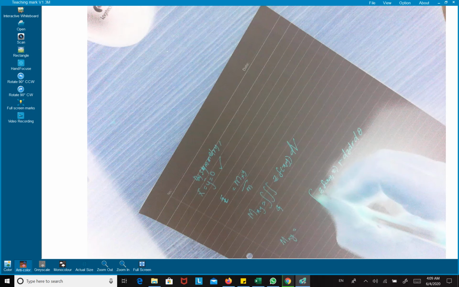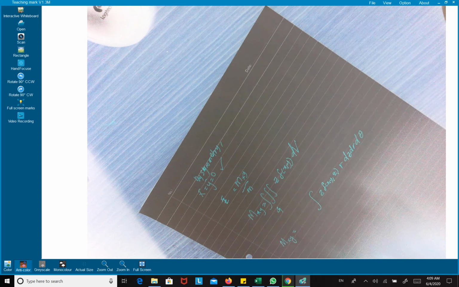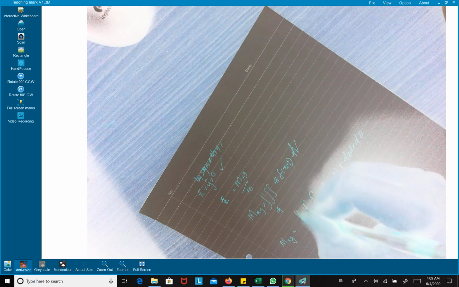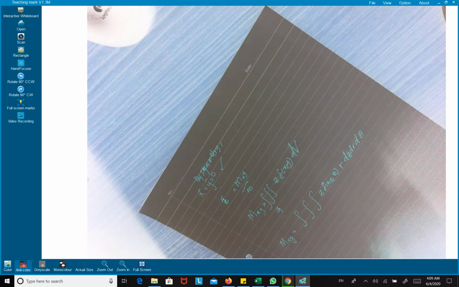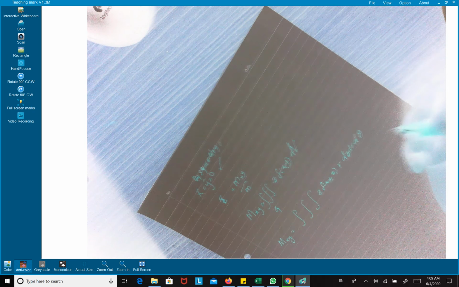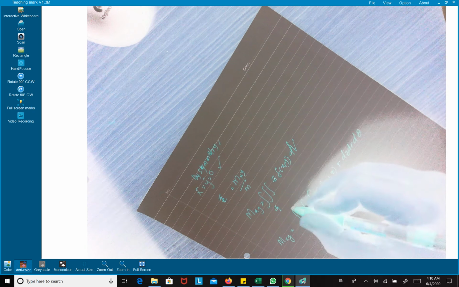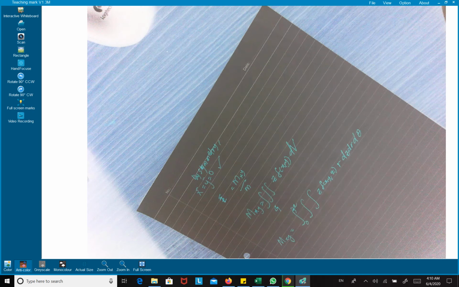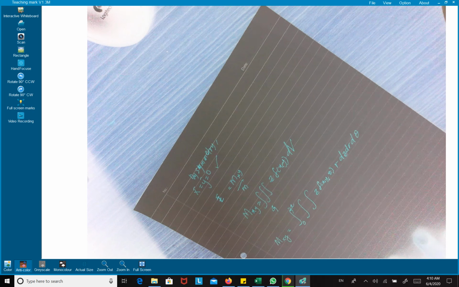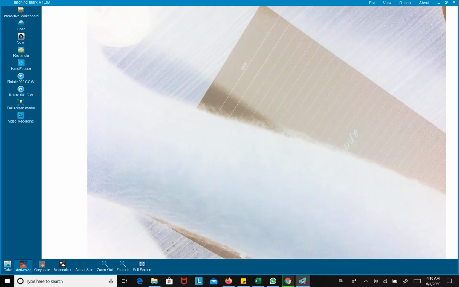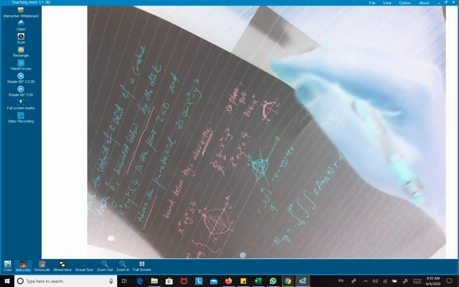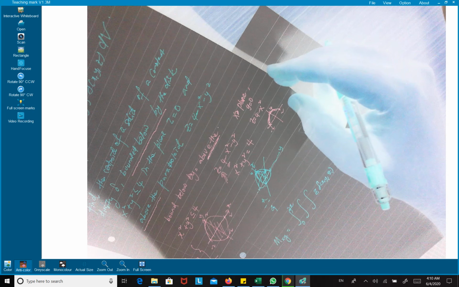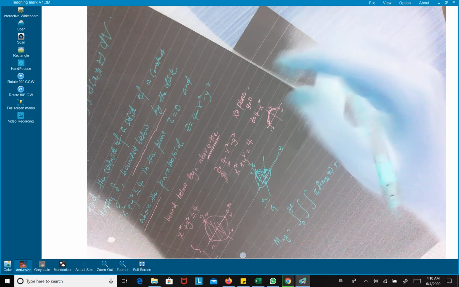So your integration, okay, for theta your base is disk, is a circle, so 0 to 2 pi. Okay, your radius is 2, 0 to 2.